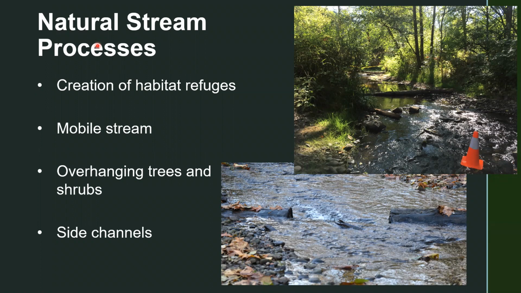We are going to be leaving this area with additional back channel and side channel habitat, which provides refuge for juvenile fish. We're going to be putting in more gravels that are appropriate for spawning fish. We're going to be installing native vegetation that overhangs the stream, and even on the bank that we need to provide some soft stabilization because the pipe and the trail are right next to it.